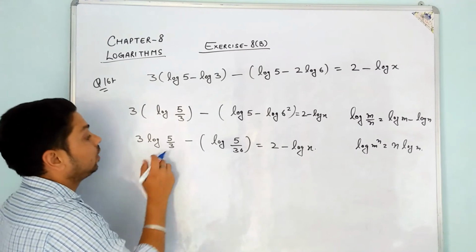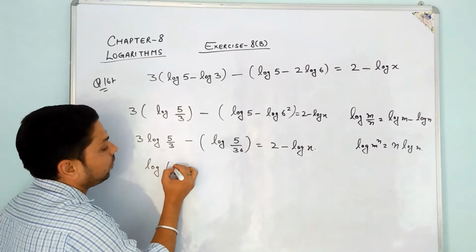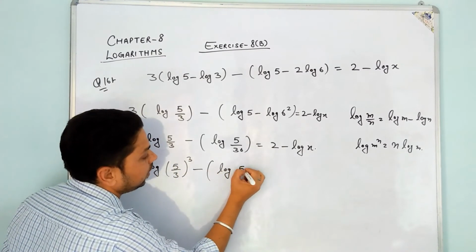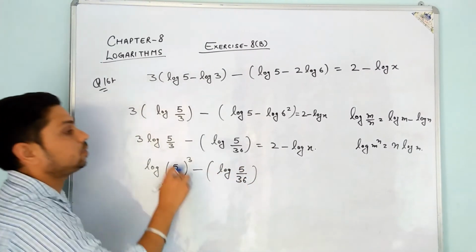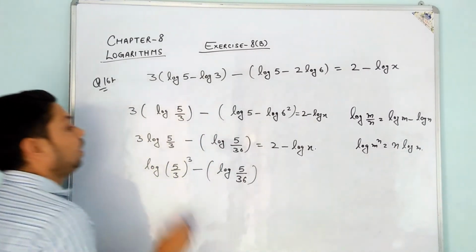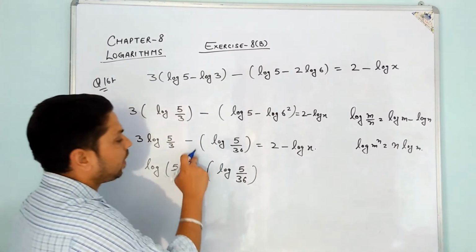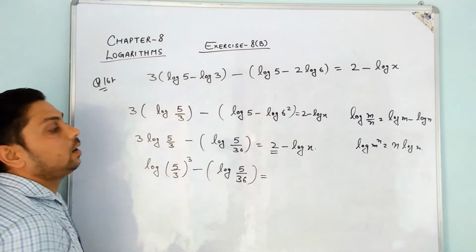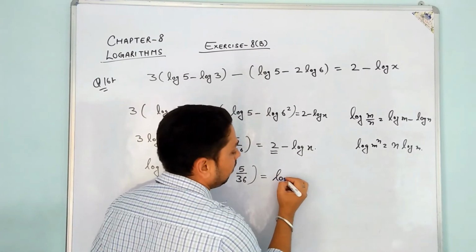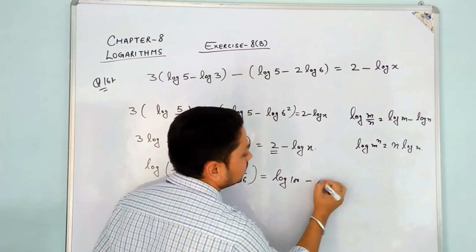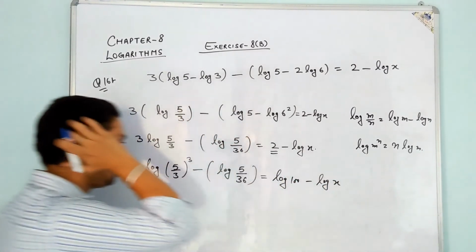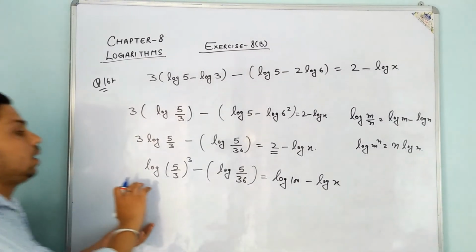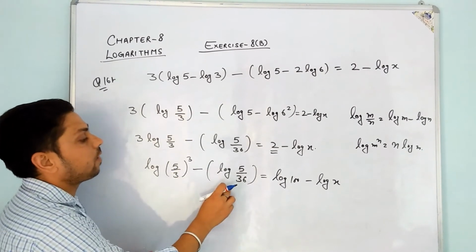Now, convert this: log of 5 over 3 whole cube minus log of 5 upon 36. This is because of this property. 3 times is given, we can take its power. This is equal to, now time to convert 2 here, but 2 can be written as log of 100. So log of 100 minus log of x here. Okay. Now this term again, log of m minus log of n.